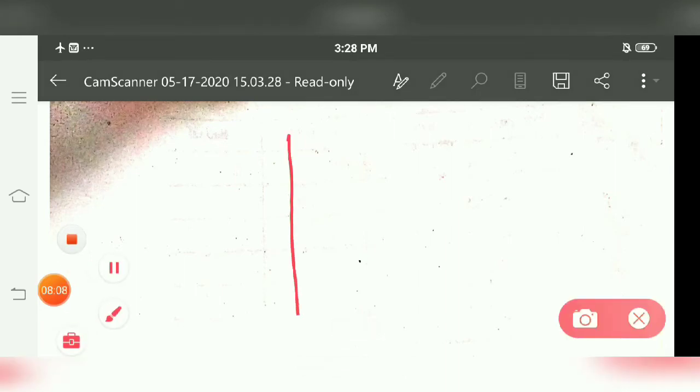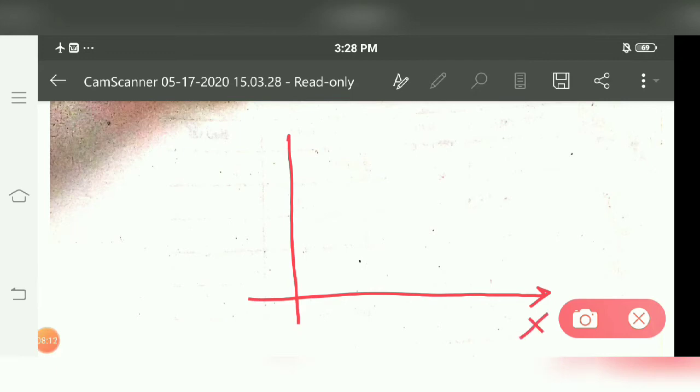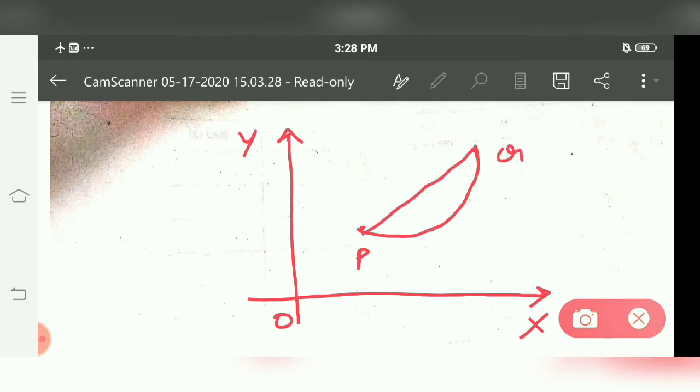So, x-axis, y-axis, origin, curve, P, Q, chord making an angle of alpha. Now I draw a line. It's not so clear.